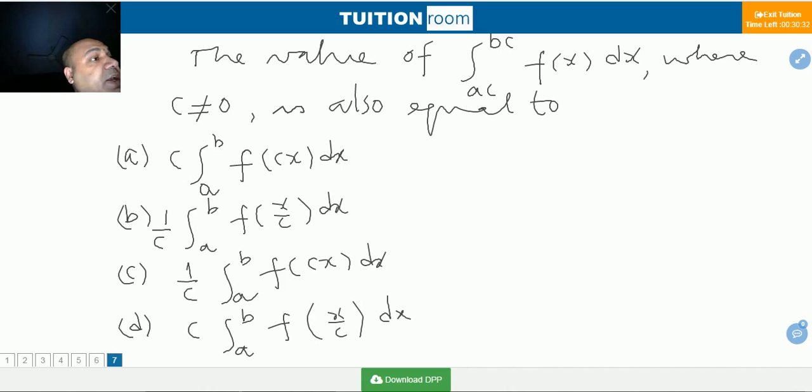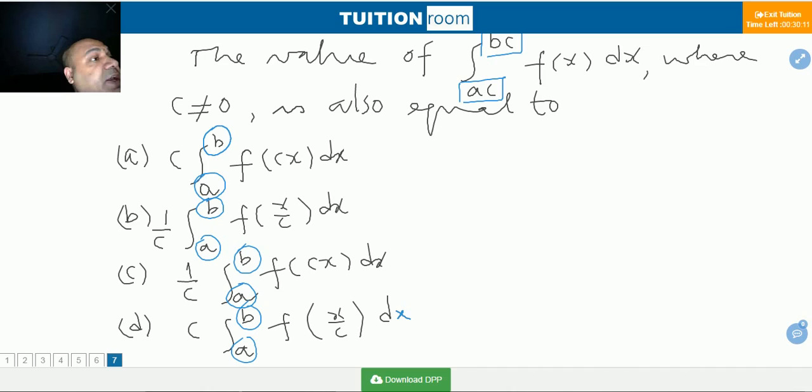Then the problem is very simple. First you should think the limits are a times c and b times c. But in all the options, the limits are a to b. Then what should we do?